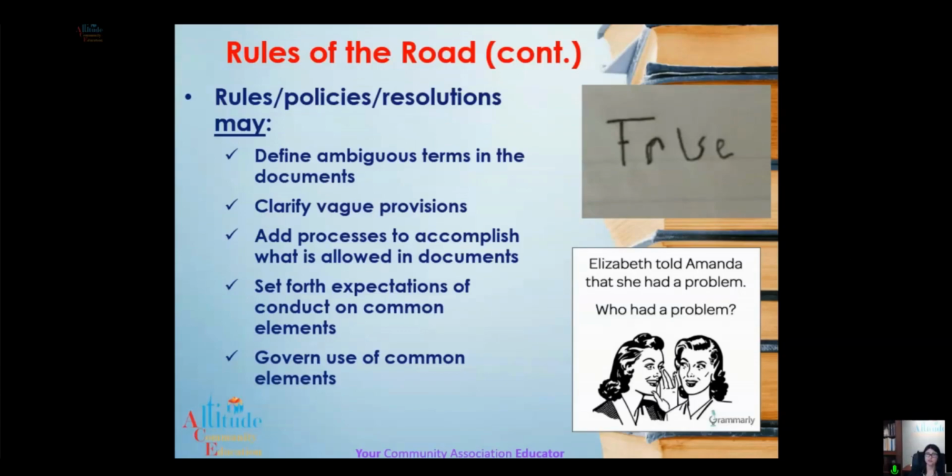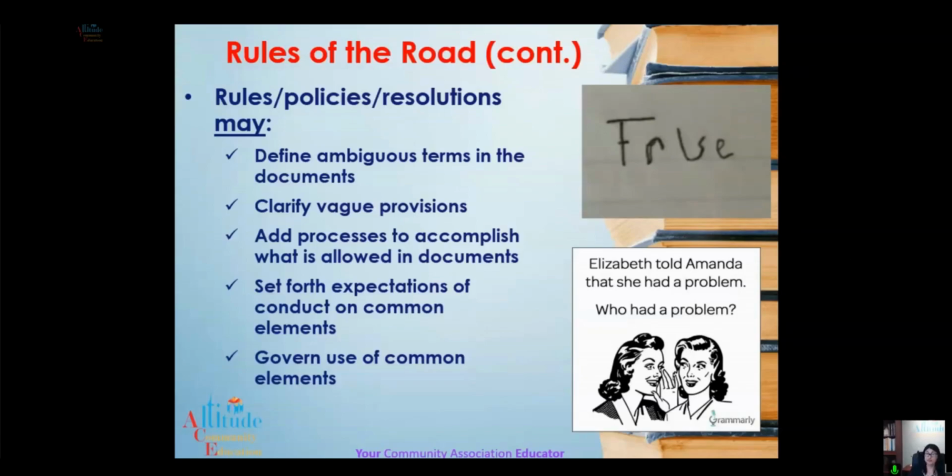Well, the board hypothetically could adopt a rule or a policy that defines what a loud noise is in decibels if it wants to, or they could define it as a noise that would offend a reasonable person, give it a little bit more clarification. That's something you can do through a rule or a policy, okay?